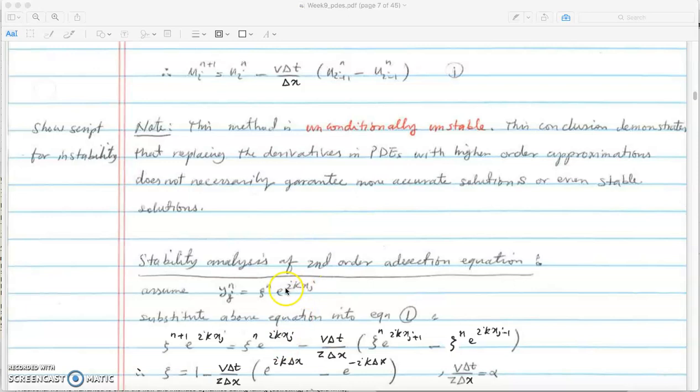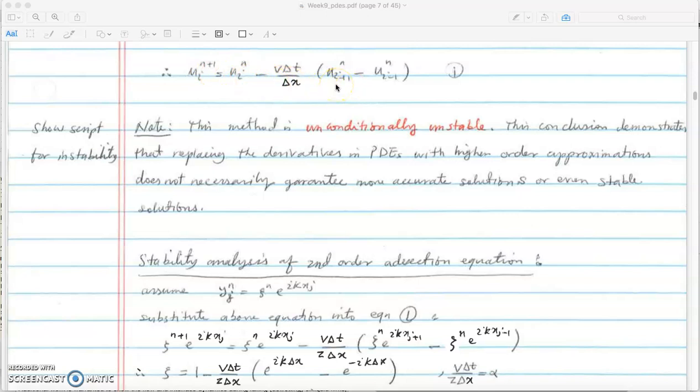And if you replace every term here in equation 1 by this new formula, on the left side of equation 1 here, we get c raised to n plus 1 exponential of i k x_j, because you can think of this as u_j^(n+1) instead of u_i. So we're going to replace all the i indices with j.